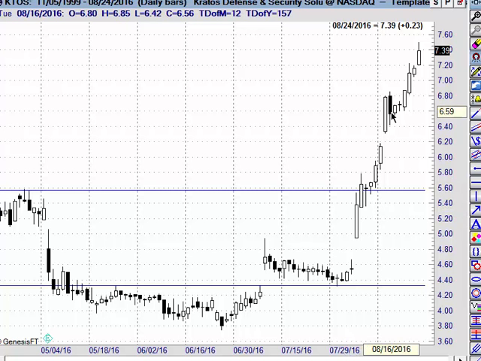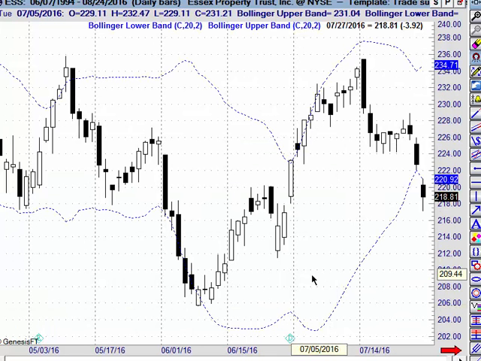Now notice we had a dark cloud cover over here, but there's also a rising window. So this bearish dark cloud cover really would not be confirmed until the market broke under the support level of the rising window.